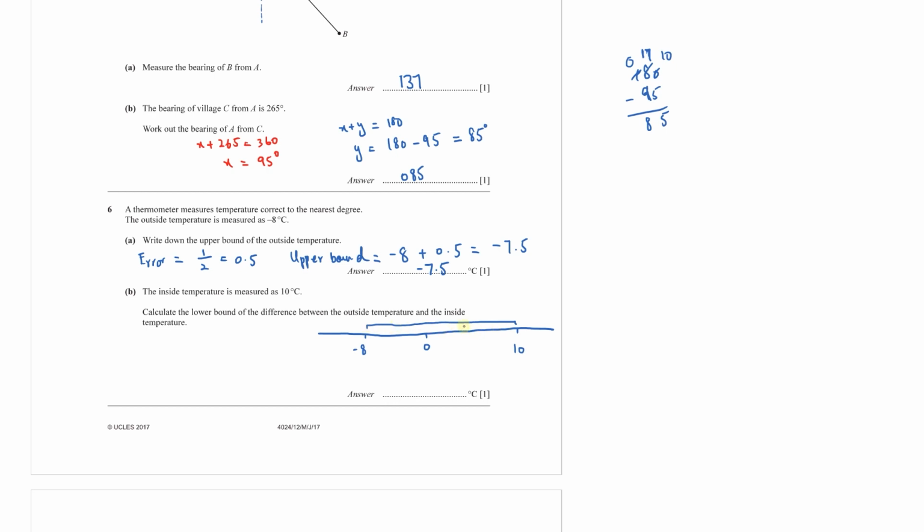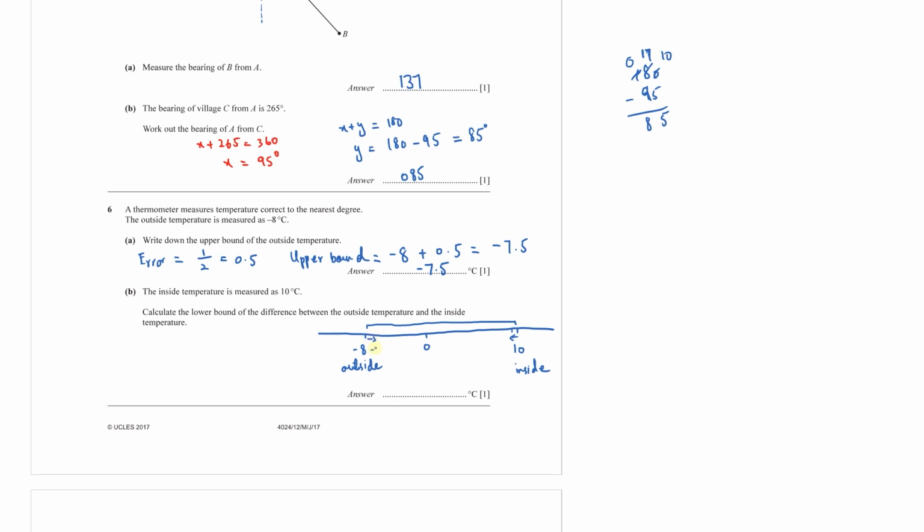So how can we find the minimum value if we have the lower bound? Here 10 is inside and minus 8 is outside. If I have to minimize this gap, minimize this difference, I need the lower bound of 10 and the upper bound of minus 8.